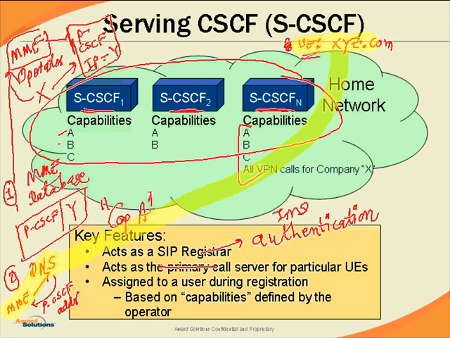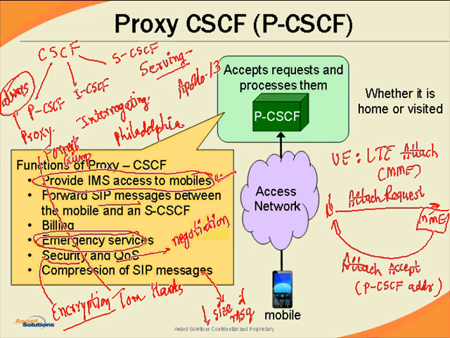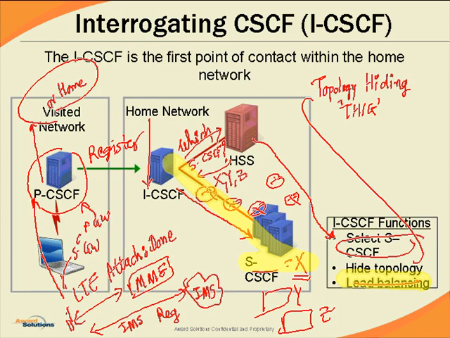Those are two examples through which we can figure out the IP address of the proxy, and that IP address of the proxy is indicated to the UE as part of the attach accept message. Thanks for your question. Good question.